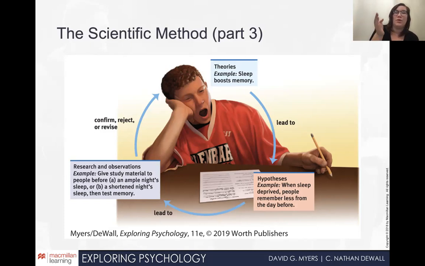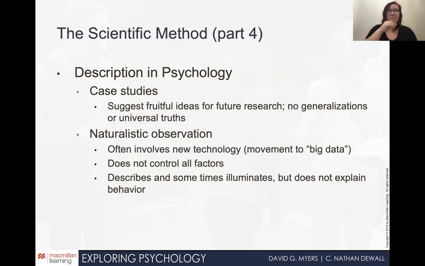So a person who got an ample night's sleep may have slept longer, but their quality of sleep was less. Maybe they're a snorer, or maybe they have a lot of siblings, or there's a baby at home that's crying all the time. So they could revise their hypothesis to say quality sleep boosts memory. And then they revise their research and observations to test that theory instead of just a general sleep boosts memory.